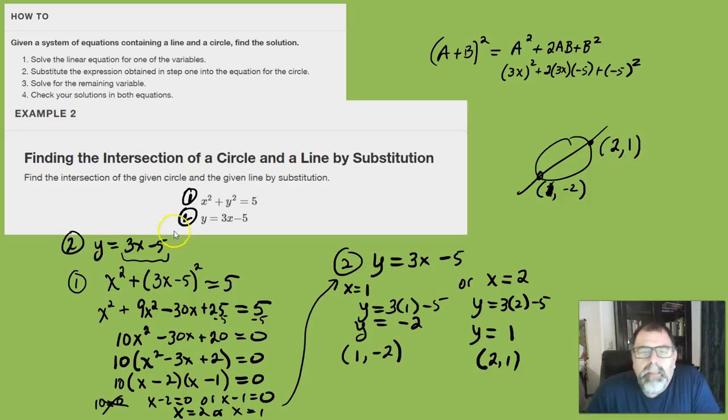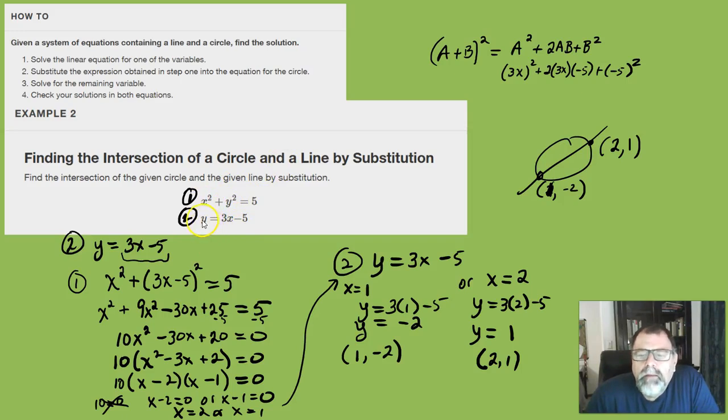Okay, and then again we can check it algebraically. 2 squared plus 1 squared is 5. That's true. 6 minus 5 is 1, so it'll be 2 for x and 1 for y. So that one works. And then if I plug in the 1, -2, 1 squared plus -2 squared is 1 plus 4, which is 5.